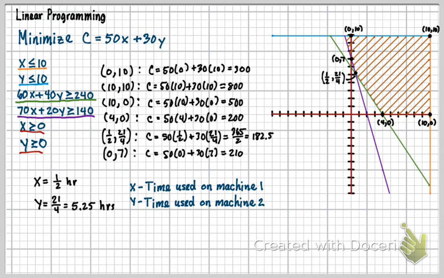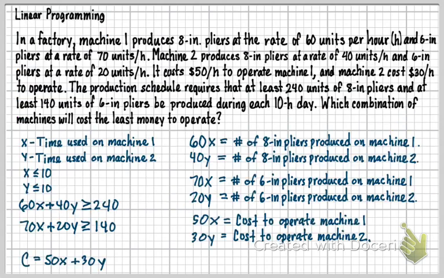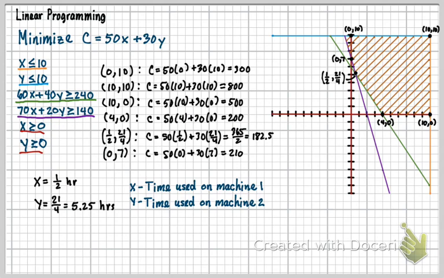So that means if I use machine 1 for half an hour and I use machine 2 for 5.25 hours, that'll be the minimum cost in which, now remember this, I can produce at least 240 units of 8-inch pliers and at least 140 of 6-inch pliers. So that would produce that minimum amount, and that would be the minimum cost for that.